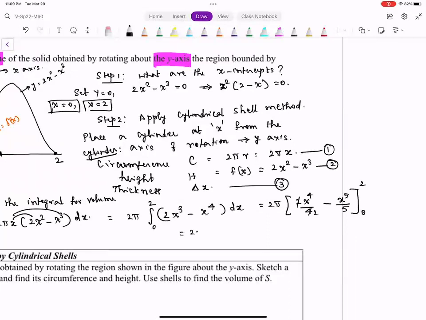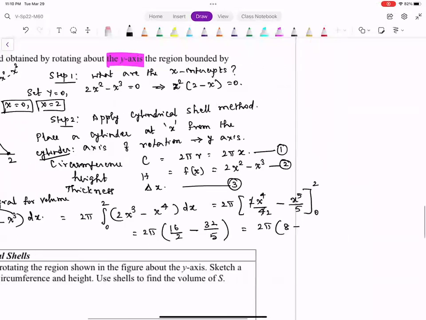Now plug in the upper limit 2: that is 2 times 16 over 4, which is 8, minus 2 to the power 5, which is 32 over 5. So it is 2 pi times 8 minus 32 over 5.